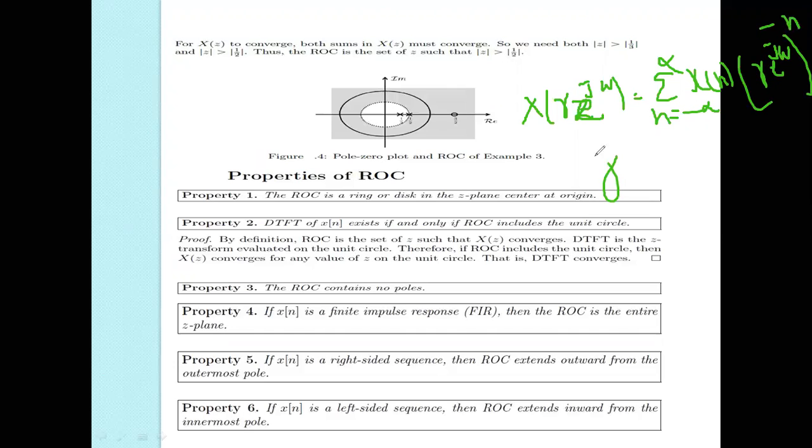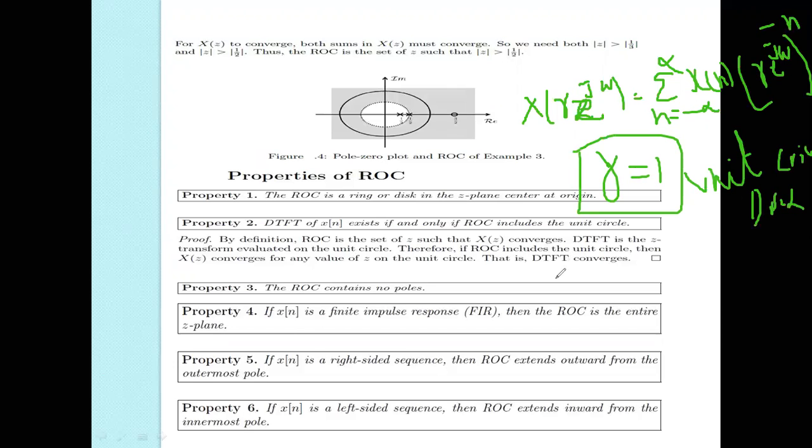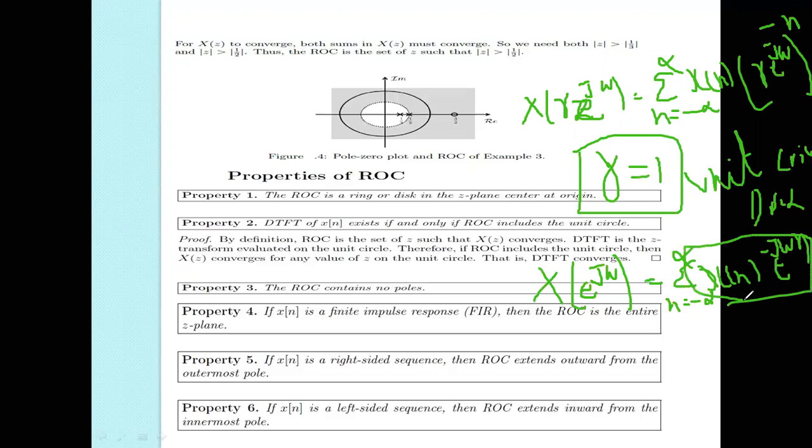When R is equal to 1, that is the unit circle, or we can call it a disk also, it becomes X of e^(j omega) is equal to the sum of n from minus infinity to infinity of x of n e^(-j omega n), which is the definition of the Fourier transformation for a discrete function.